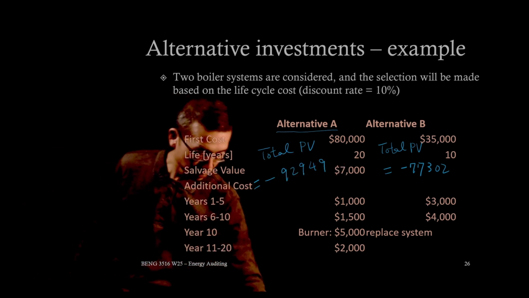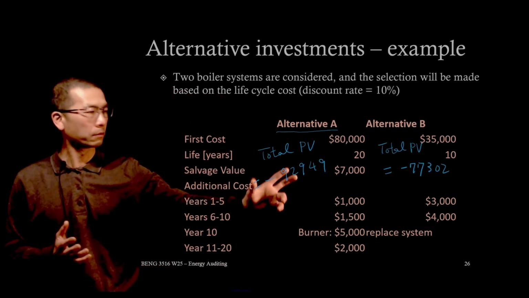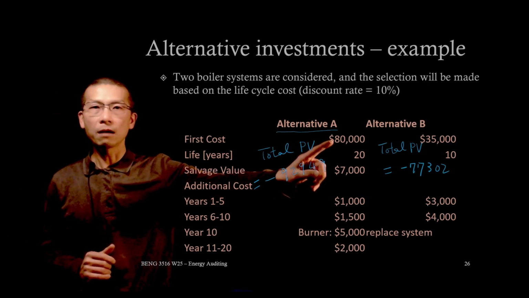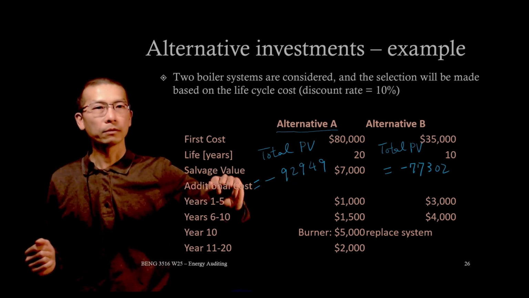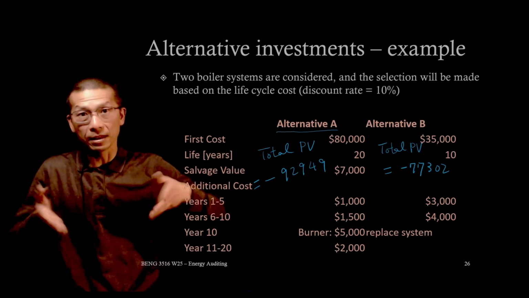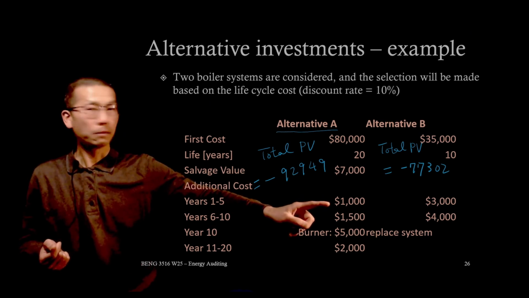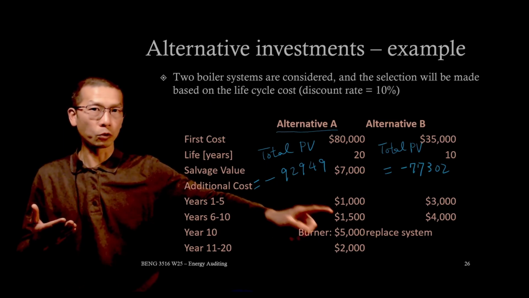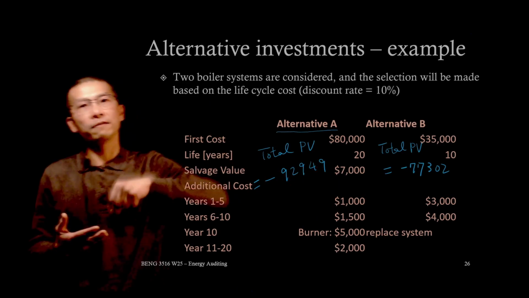In any case, try this example and see if you can come to these numbers, just quickly. First cost, 80,000. So what would be the present value? Minus 80,000, because that's right now. At the end of year one, you have this additional cost of 1,000. So minus 1,000, but minus 1,000 in 1 year, what is the value right now?